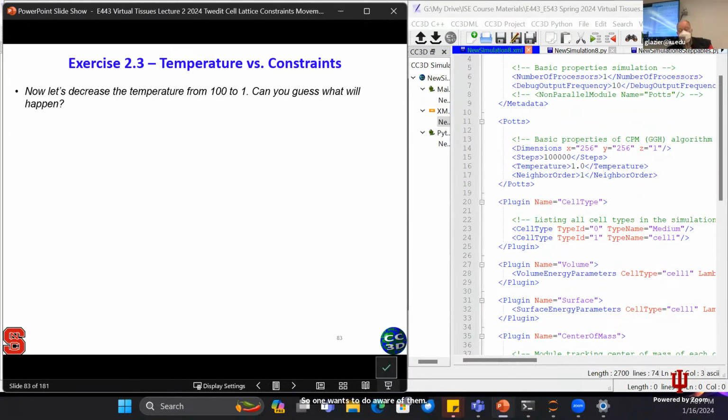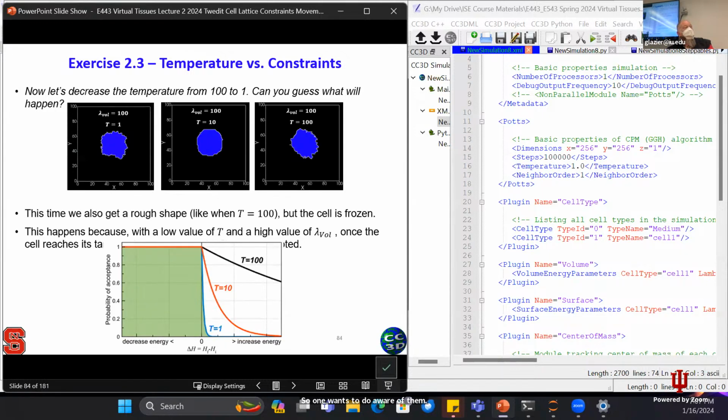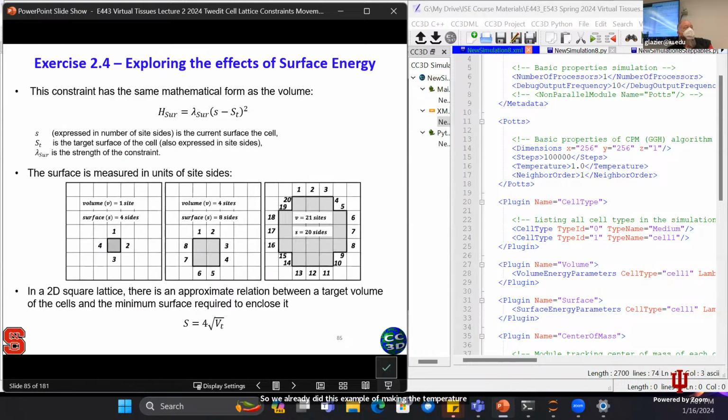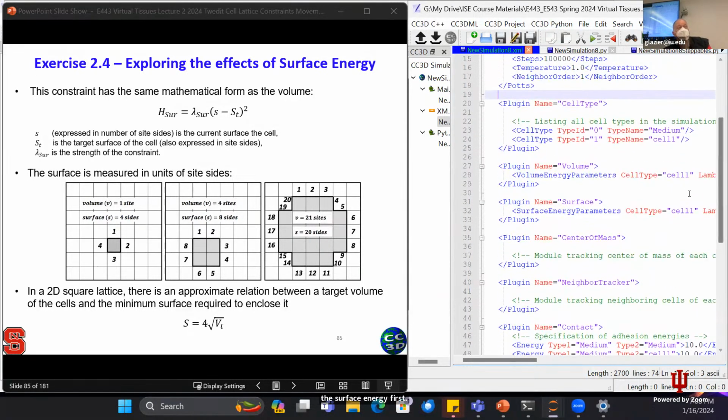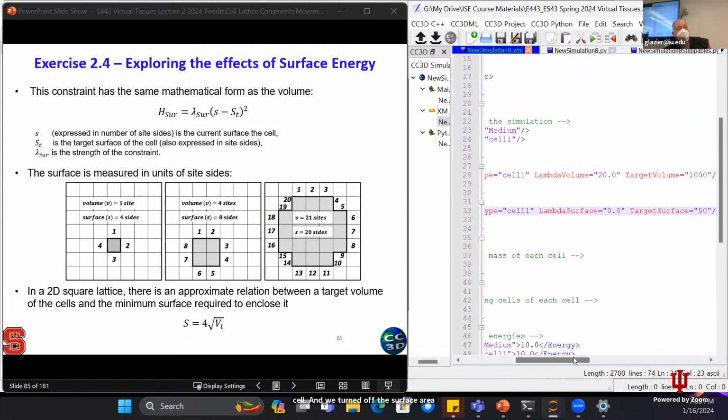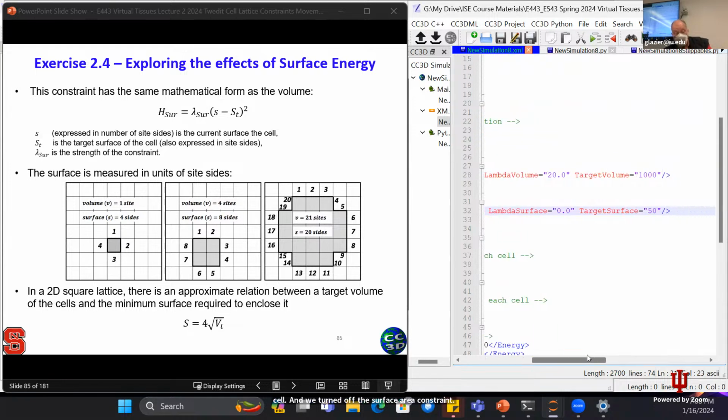So we already did this example of making the temperature very small, and we saw that the cell basically got frozen. Let's look at the surface energy first, the surface area. So we've constrained the volume of the cell, and we turned off the surface area constraint. Surface area constraint basically is specifying the membrane area, the equilibrium membrane area of the cell.